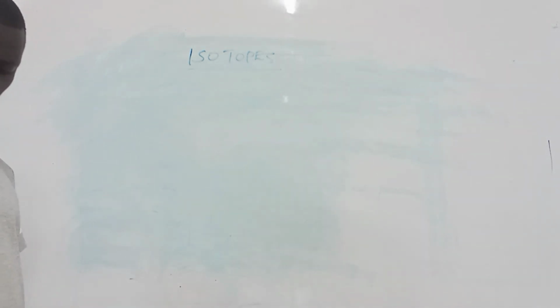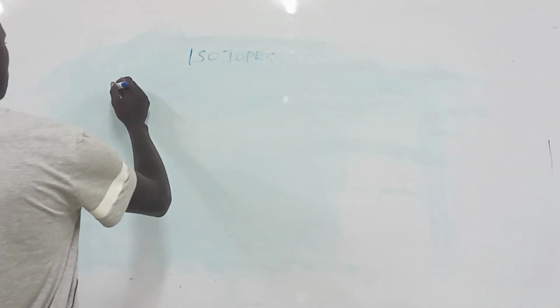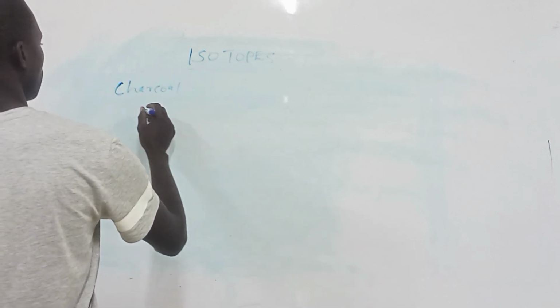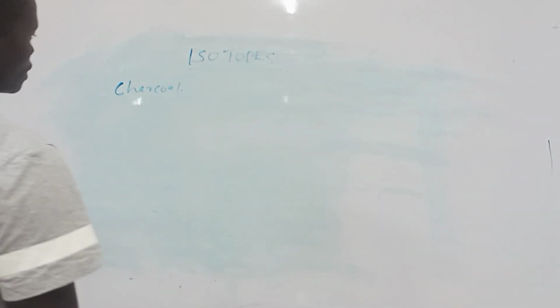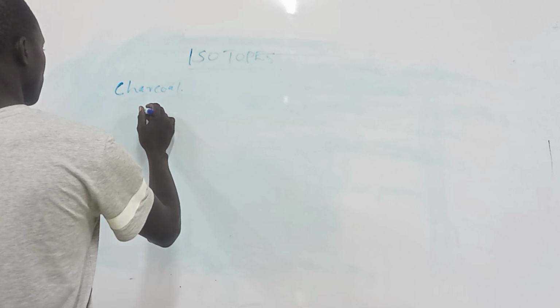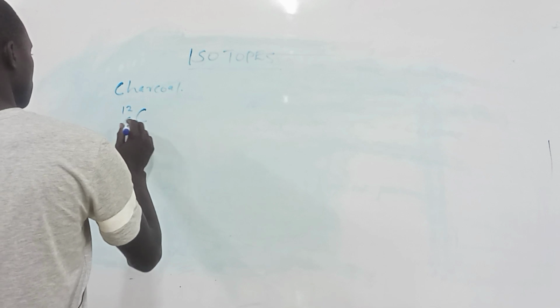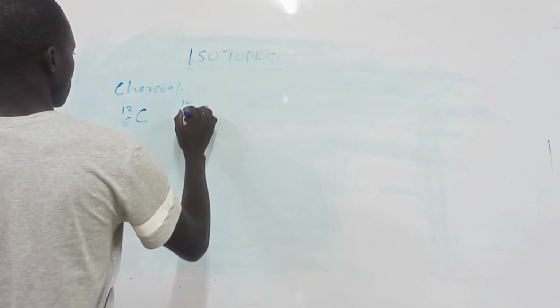A piece of charcoal is made up of millions of carbon atoms. Carbon exists in two forms, represented as carbon 12 and carbon 14, with 12 being the mass number and 6 the atomic number, then carbon 14.